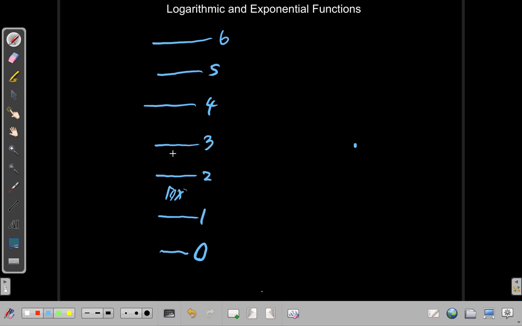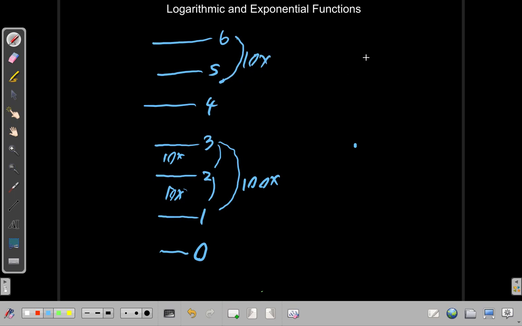A magnitude 3 has 10 times the energy of a magnitude 2. And therefore, the magnitude 3 would have 100 times the energy of a magnitude 1. And so on. A magnitude 6 earthquake has 10 times the energy of a magnitude 5.